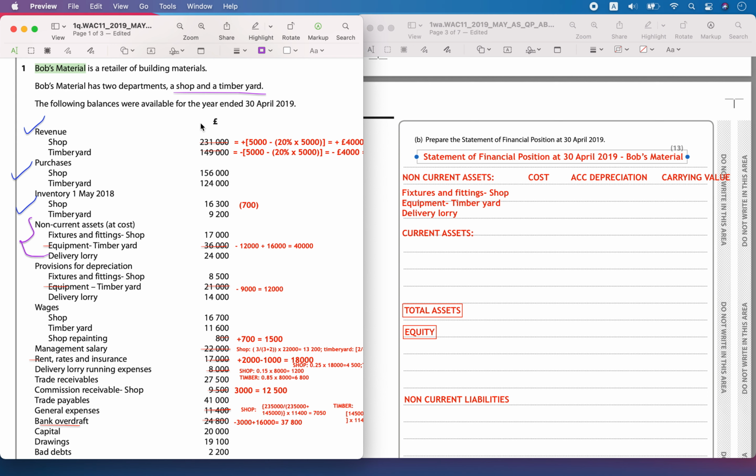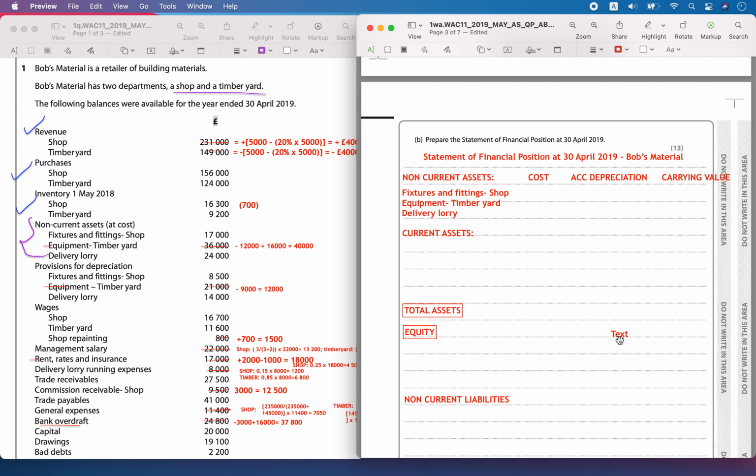All this is in pounds, so I am going to write pounds at the top. Now let's calculate. First is the cost of the equipment as on 30th April.